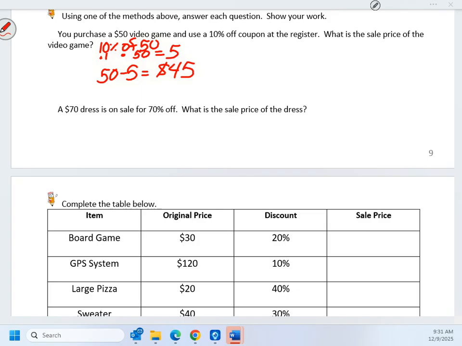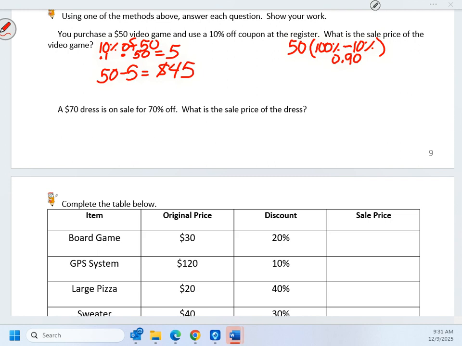So what should I write, Vinny? 50 times parentheses 100 minus 10%. So I know 100% minus 10% is 90%, which is 0.90.